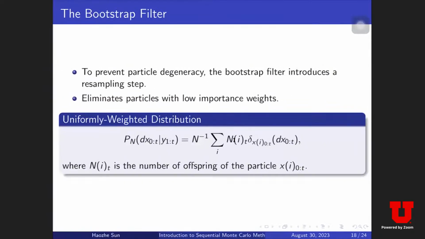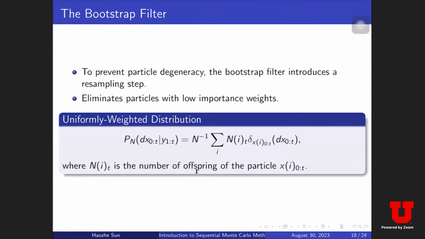So we want to use the bootstrap filter to solve this problem. The key idea of the bootstrap filter is to eliminate the particles having low importance weight WT tilde, and to multiply particles having high importance weights.